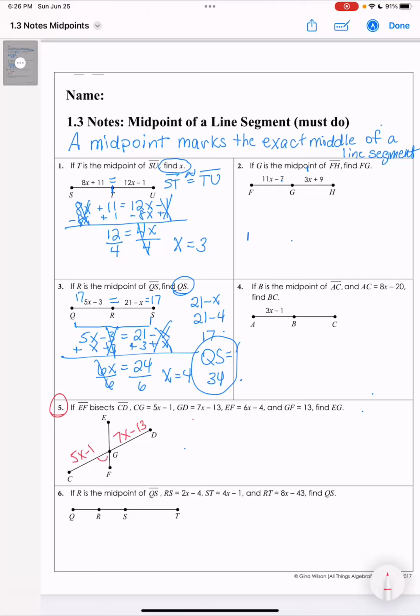So that's this whole thing right here. And then GF itself is 13. So we need to find EG.